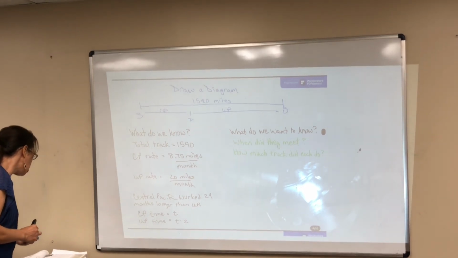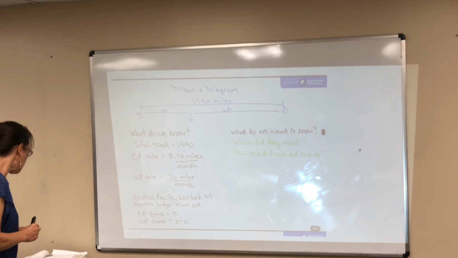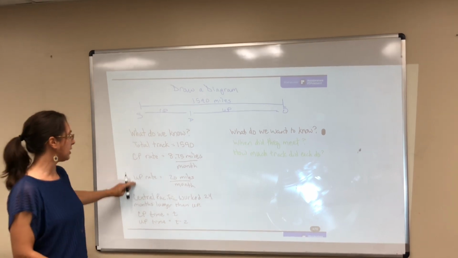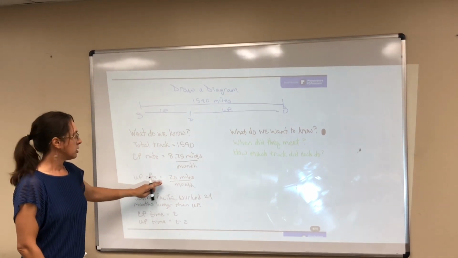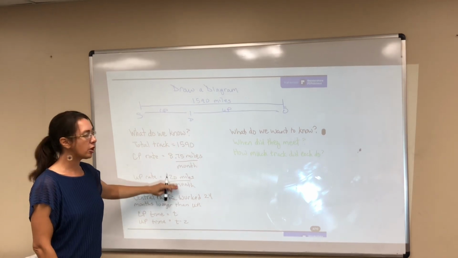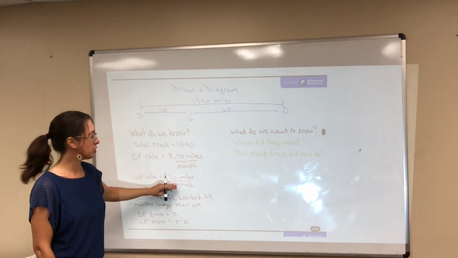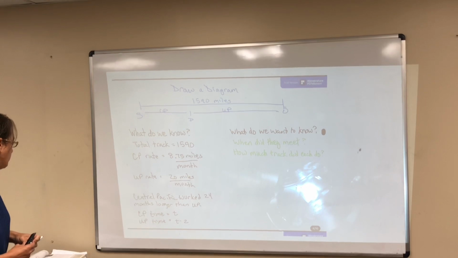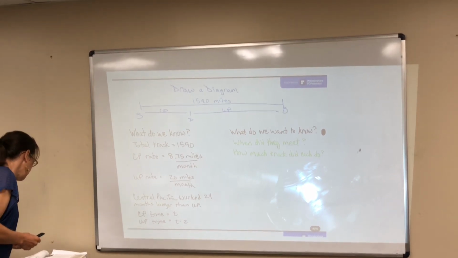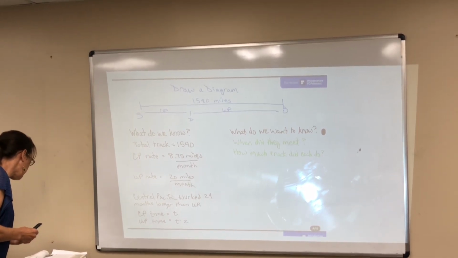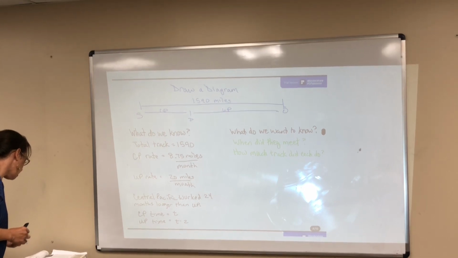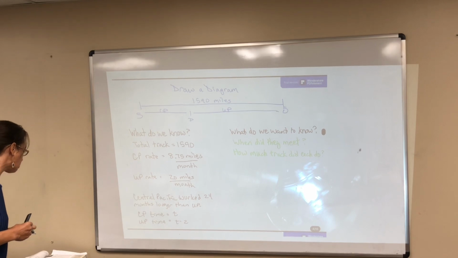Okay. Then it says Union Pacific averages 20 miles of track per month. So I'm writing down UP 20 miles per month. These are our conversion factors or conversion rates that we're going to use. Okay. It says the photo shows the two companies meeting in Promontory, Utah, as the 1,590 miles of track were completed.